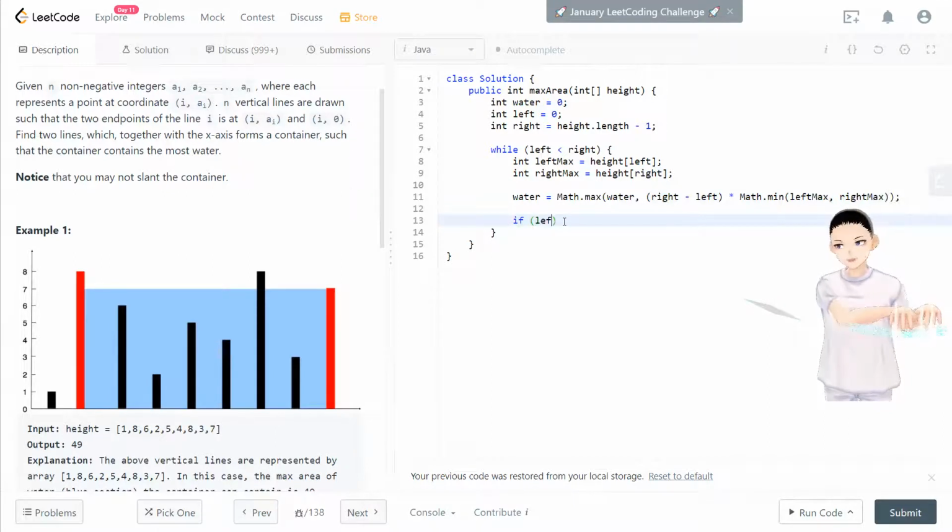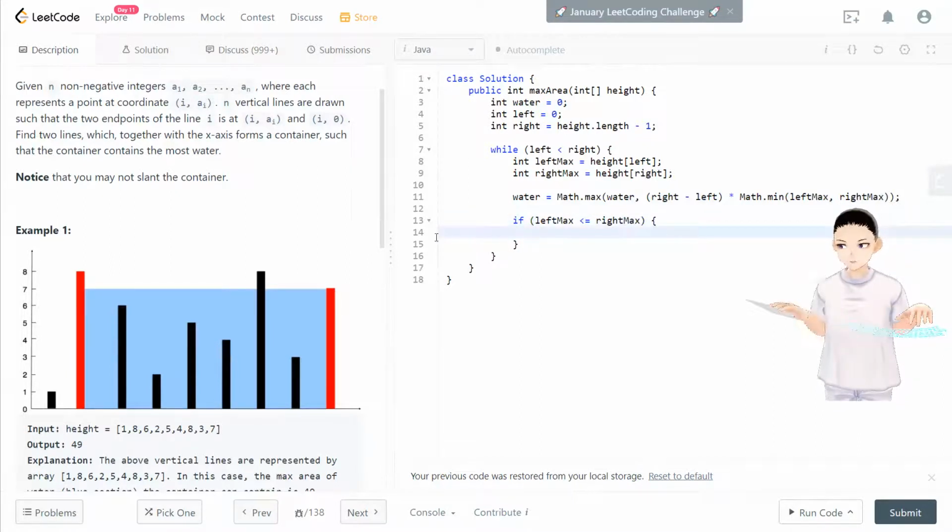So if left max is smaller or equal to right max, then we move the left pointer to the next higher position. We always keep left smaller than right as the condition, otherwise if you move one pointer, you might run out of bounds on the right side.